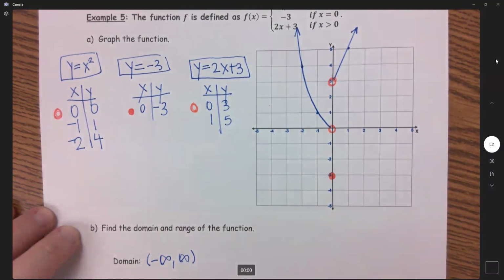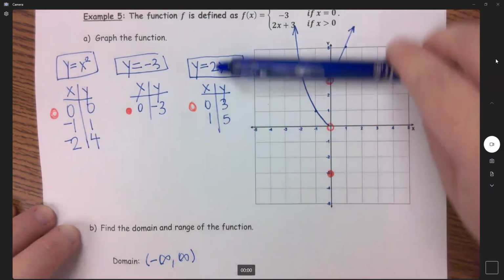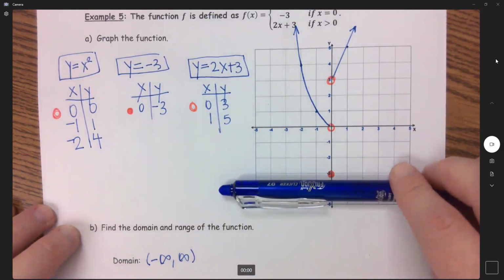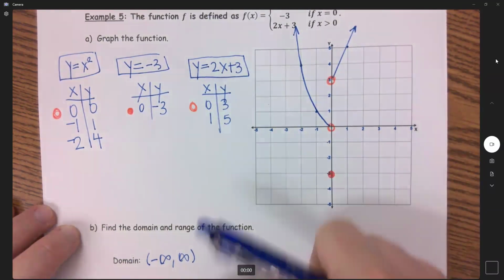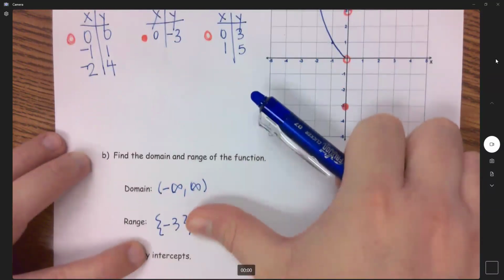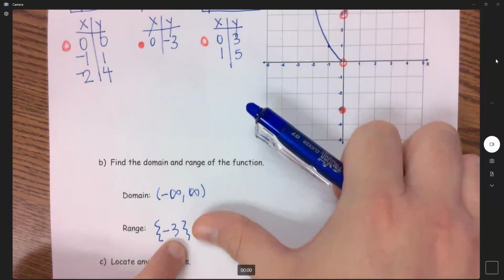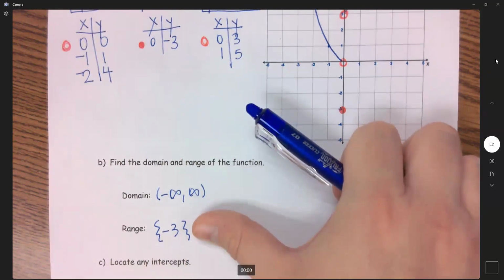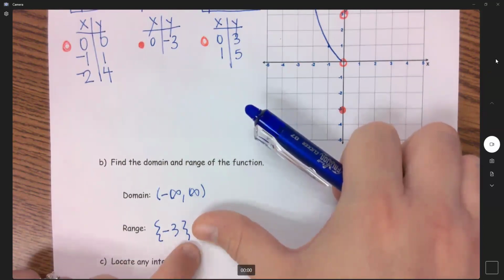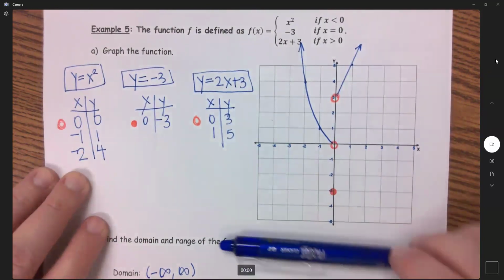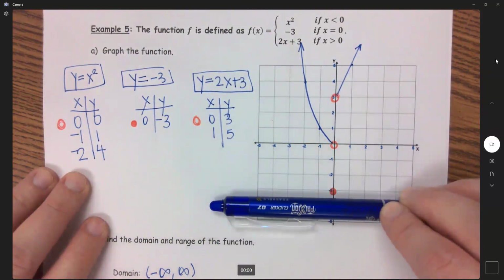The range, as you go from the bottom to the top, the first thing we hit is this random point at -3. So at -3, you're going to put that with your fancy squiggly brackets of -3. When you have just one number, you're going to put it in your fancy squiggly brackets. So we have -3 is the only point right there on that y.